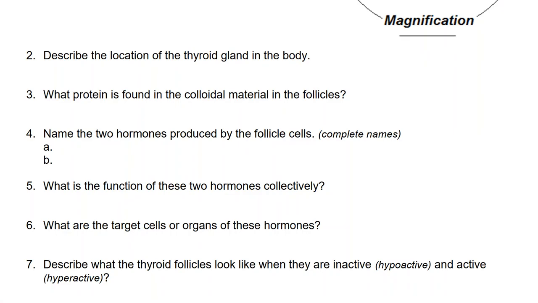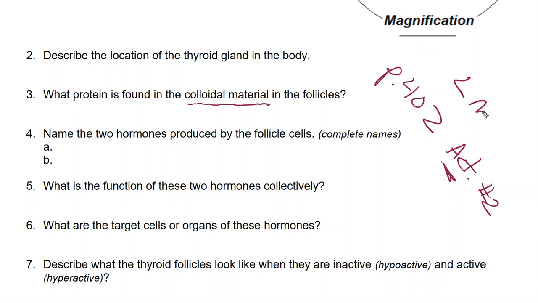On the lab report, you have to find what the colloid is made out of, and some helpful information will be found on page 402, activity number 2. Remember to look in the activities for information.